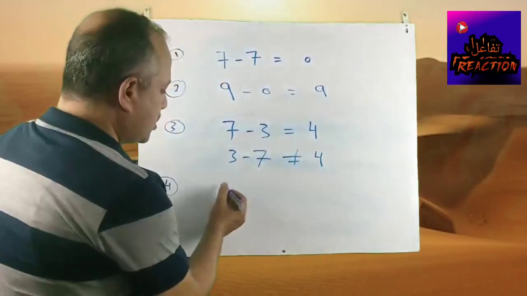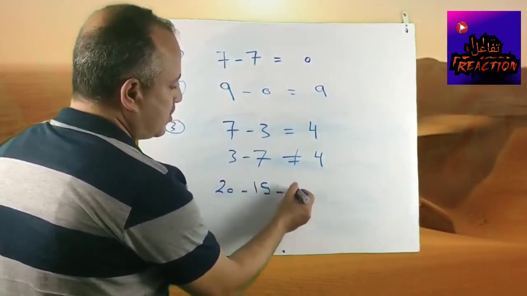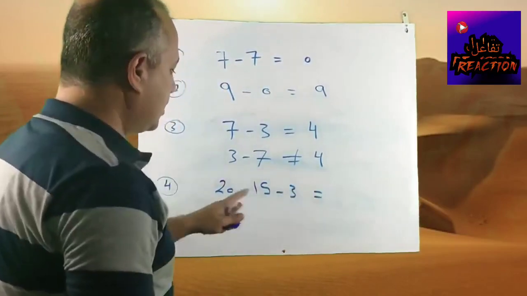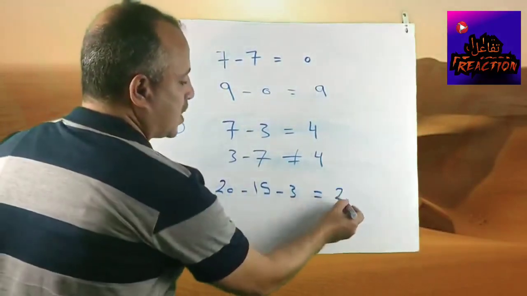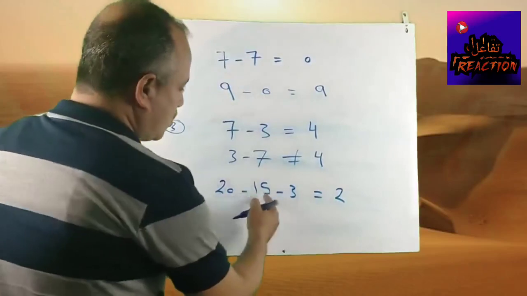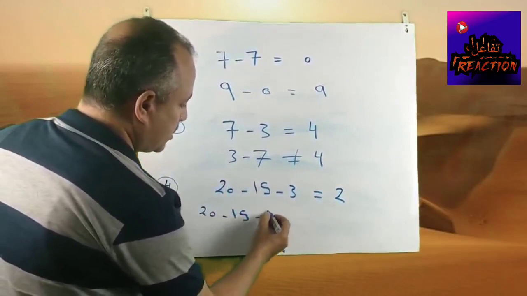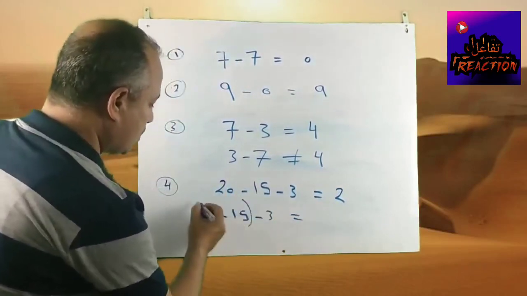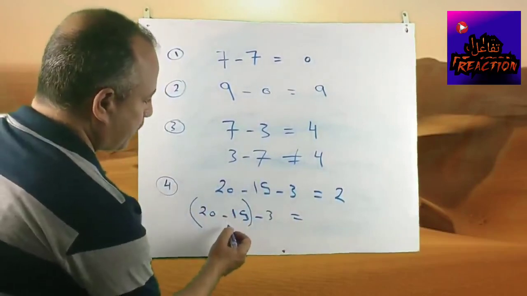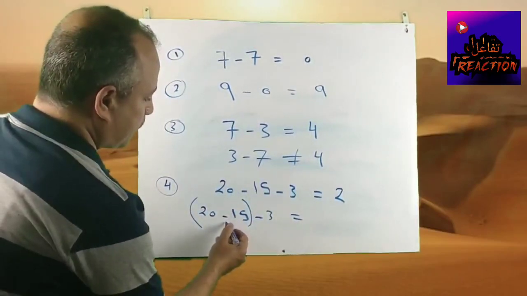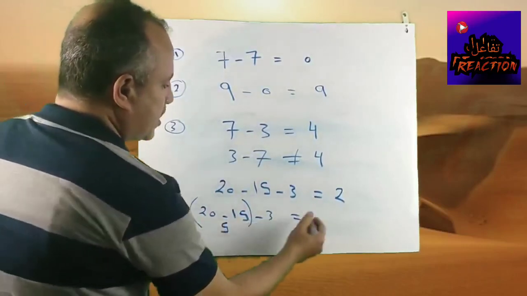For example, if we say 20 minus 15 minus 3, let's group the first two numbers. 20 minus 15 is 5. 5 minus 3 equals 2.